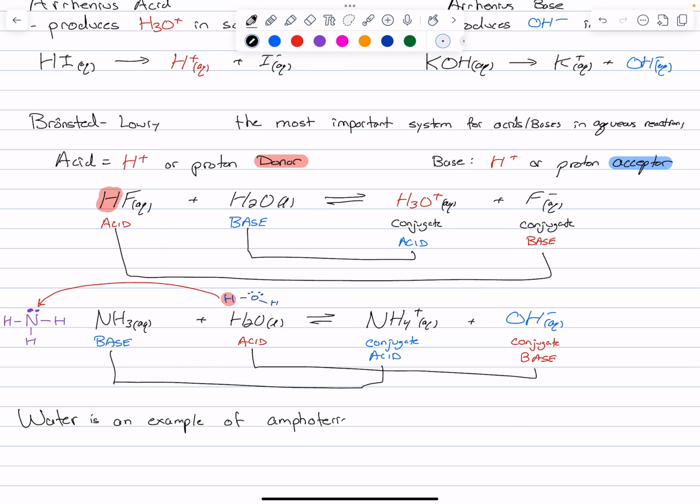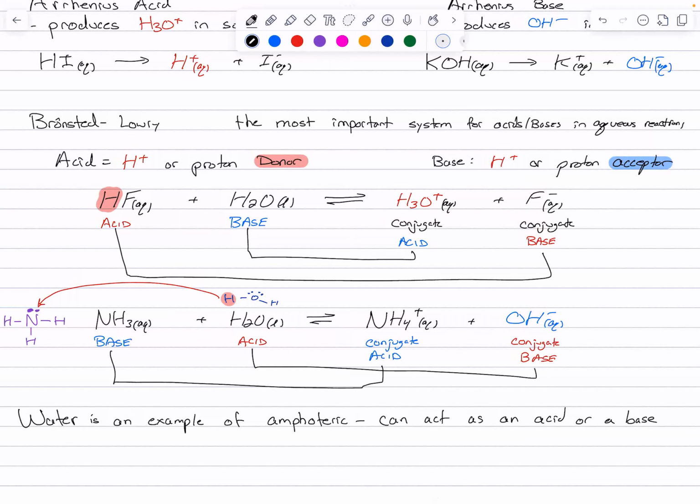Right? Which means it can act as an acid or a base. Right, so water can be either one. It can be an acid or a base. Again, it's a behavior thing.